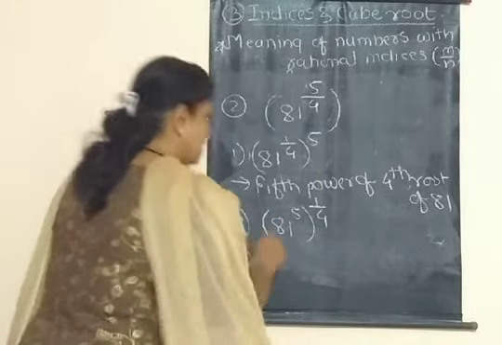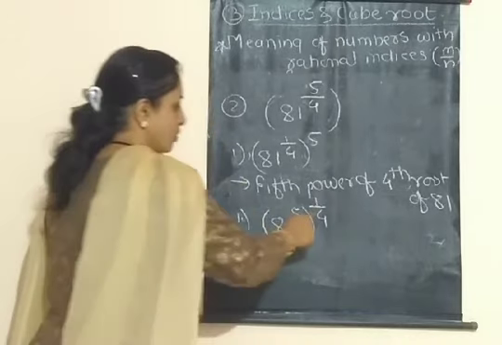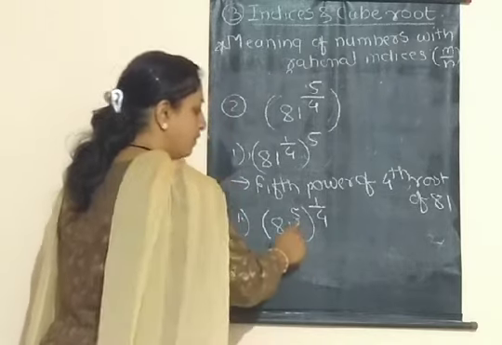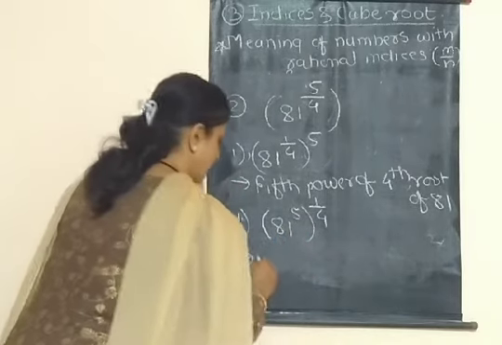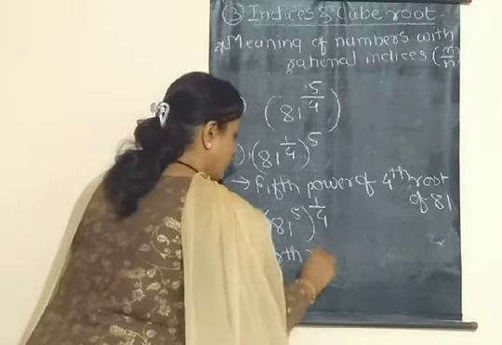Now how do we read this number? We have to take this first. So it is the 4th root of the 5th power of 81.